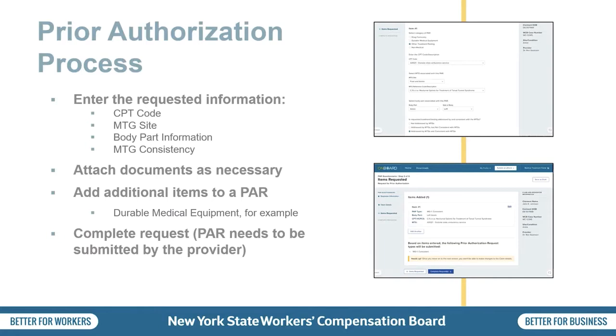For example, a provider may want to submit PAR requests for lumbar fusion, post-surgery physical therapy, and a back brace, which can all be added and requested via a single submission. The only exception is for medication PARs, which will need to be submitted as individual separate PARs for each medication being requested. The PAR is then submitted to the insurer.